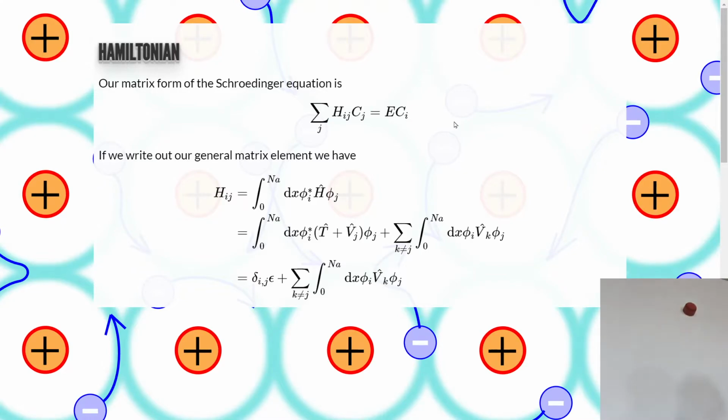So that's writing the matrix equation out in slightly longer form, HC equals EC. We get these matrix elements by doing this.